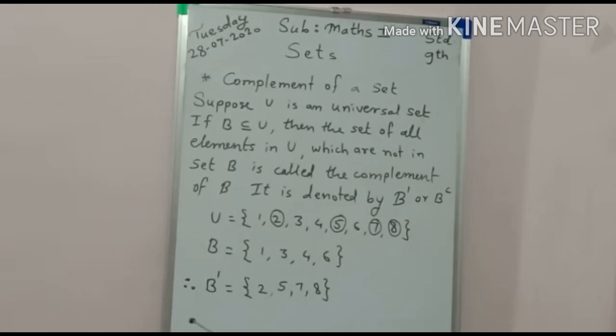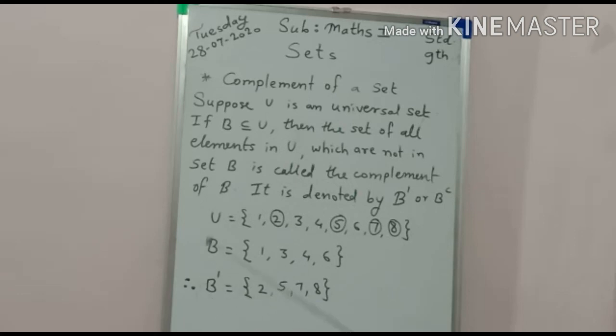To write the complement of a given set, we are given the universal set and that particular set, and using this definition you write the complement of the given set.